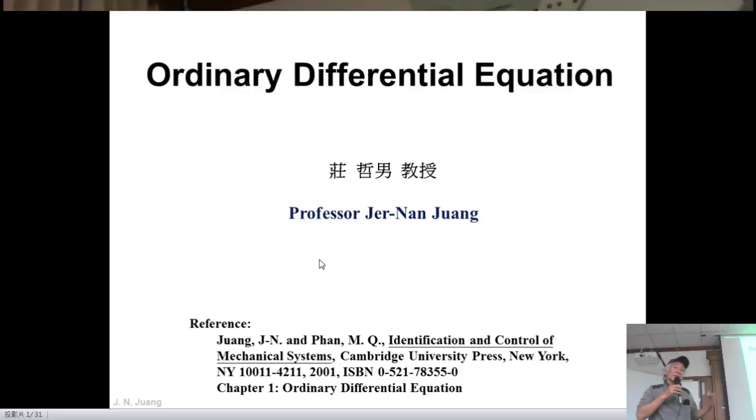Ordinary differential equation is very easy for everybody, all right? But we'll focus on the physical meaning of each differential equation we introduce here.